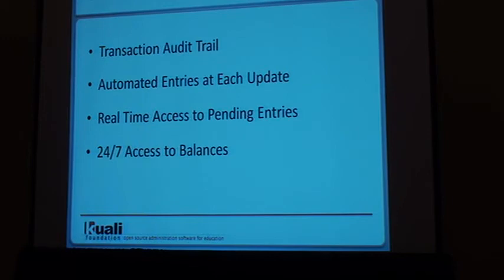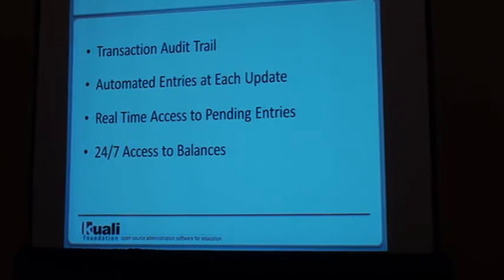There are automated entries at each update. Account integrity is always preserved. Assets equals liabilities plus fund balance. You can do this at the individual account level or for groups of accounts. Every time you make an entry, there'll be offsets made by the computer to keep that balance.